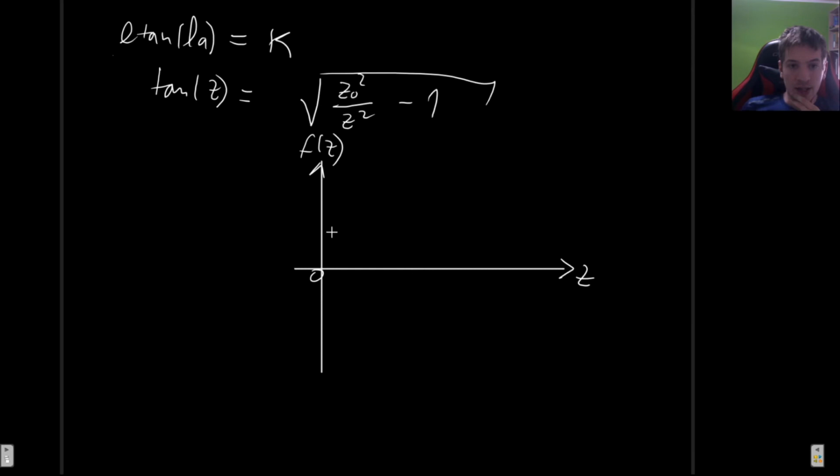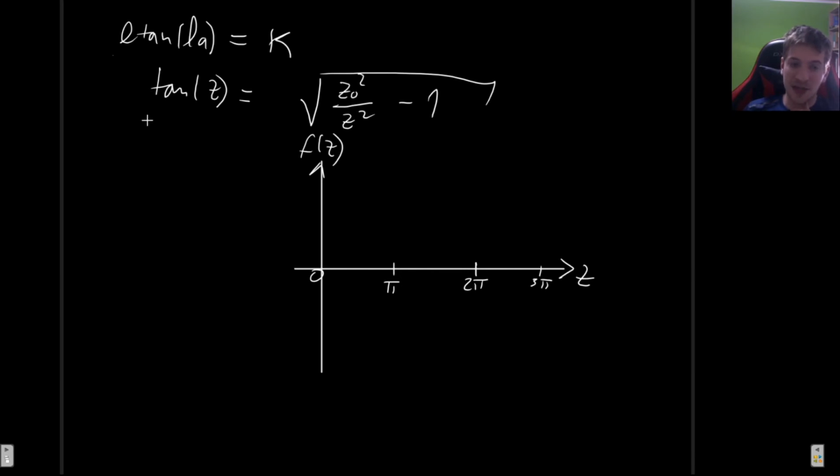Okay, so now let's begin graphing the tangent. Remember, tangent is just sine divided by cosine, so this will be 0 whenever sine is 0, and sine is 0 at 0 and pi and 2 pi and 3 pi and so on. So let's say pi here and about 2 pi here and about 3 pi here.